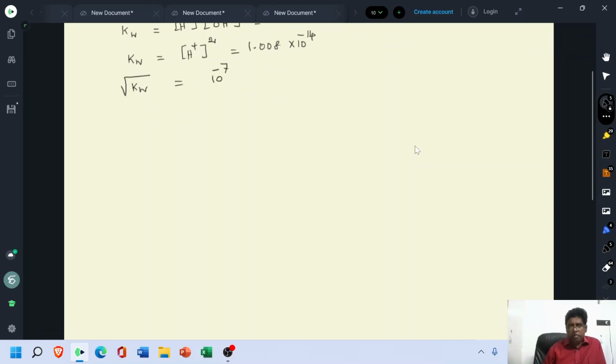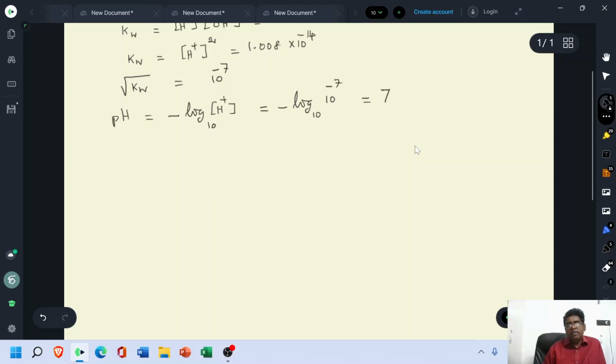You know the pH value. pH is given by the formula minus log of the concentration of H plus ion. Here the base is 10. This is equal to minus log to the base 10 of the concentration of H plus ion in the water molecule, which is 10 power minus 7.